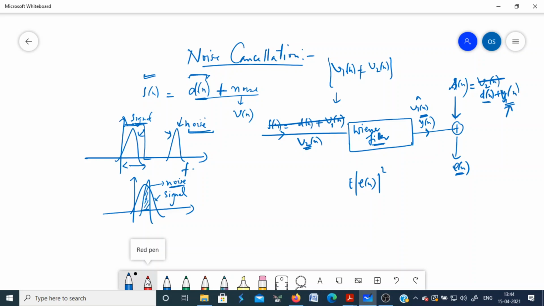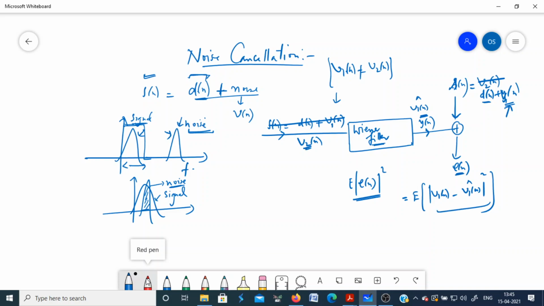Later on we will see that minimizing this mean square error is equivalent to minimizing the difference v1n minus v1n cap, squared.